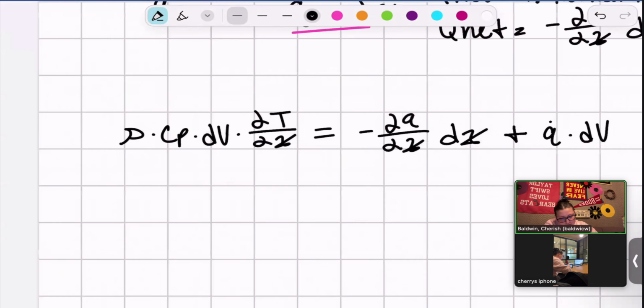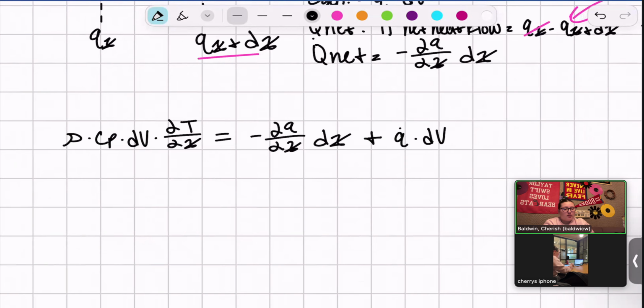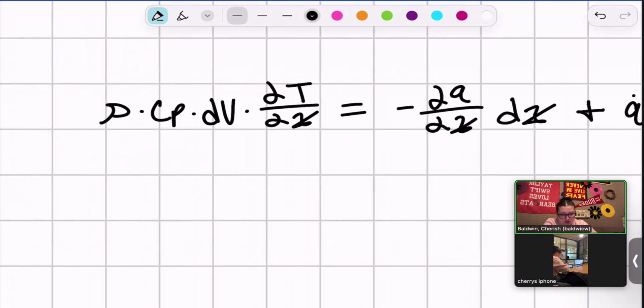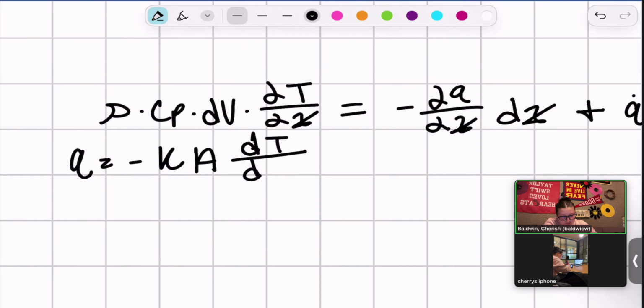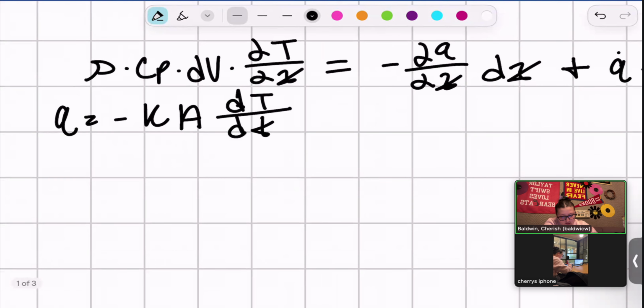So yeah, we combine all these equations in the energy balance, and we can apply Fourier's law, which is q is equal to negative k A dT over dx. And we apply that.